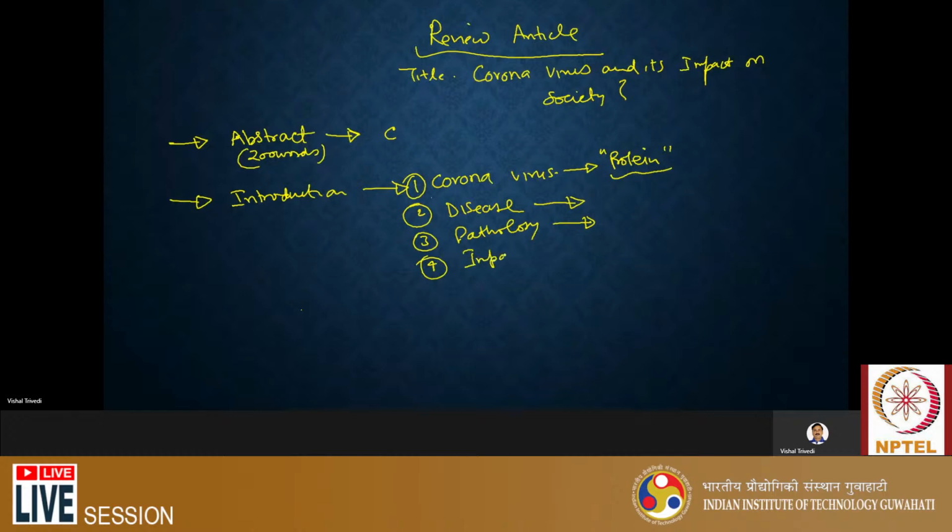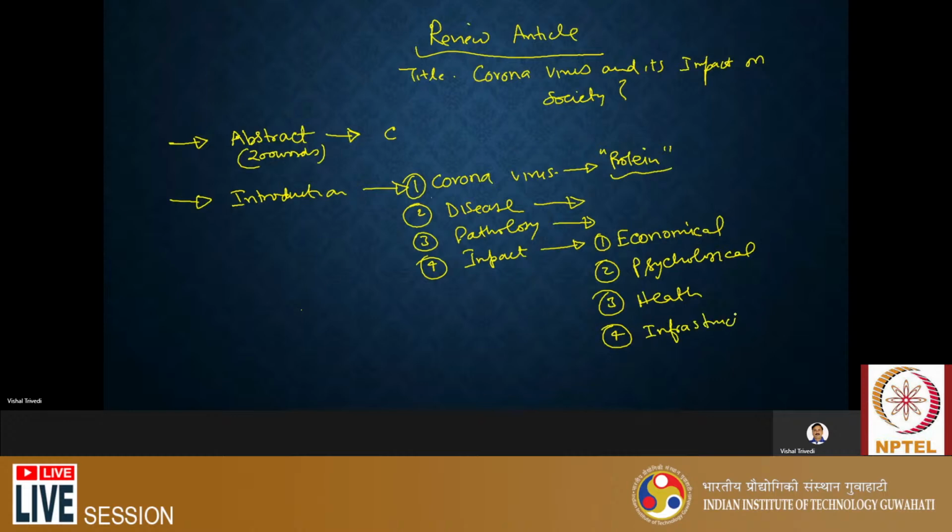When you talk about the impact, you are going to talk about the economical impact, the psychological issues, the psychological impact, then the health impact, and you are also going to talk about some positive stuff, for example, how it has changed the infrastructure of the country and all other kinds of things, how it has changed the health infrastructures and all that.